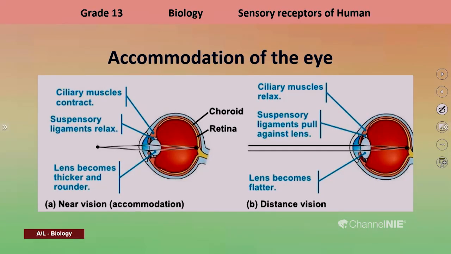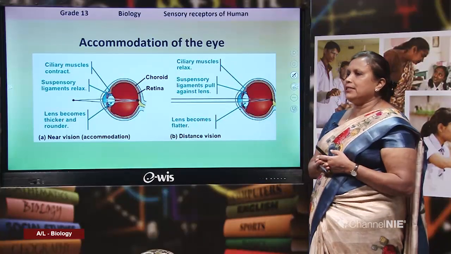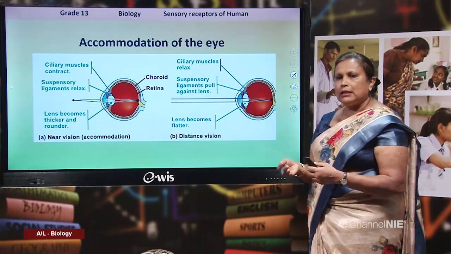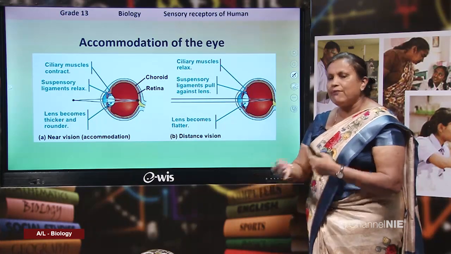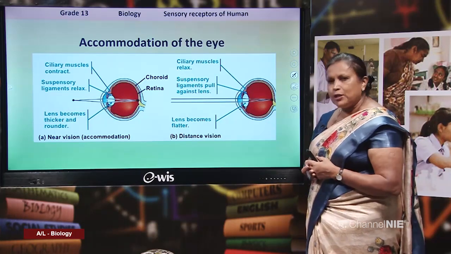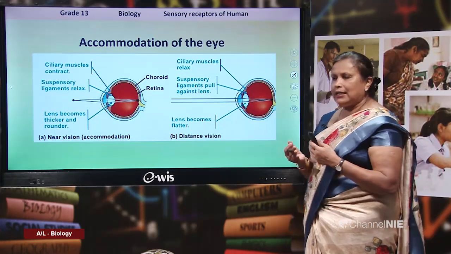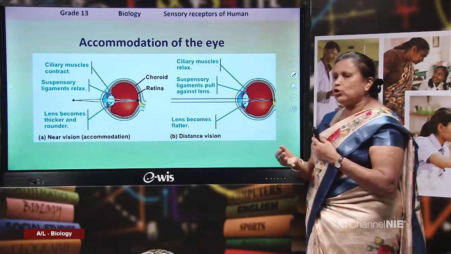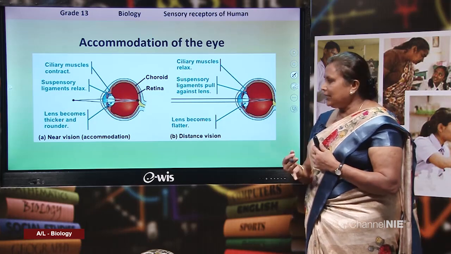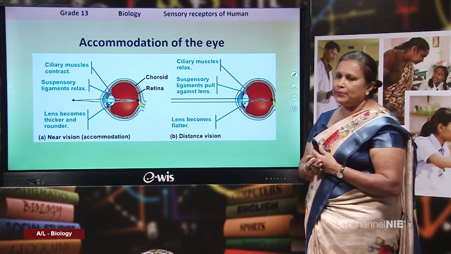Then we move into the important part, accommodation of the eye. We see different objects. Distant objects can be seen, and at the same time we are able to see objects which are very close to the eye. On this occasion the eye needs to be adjusted to see near objects.